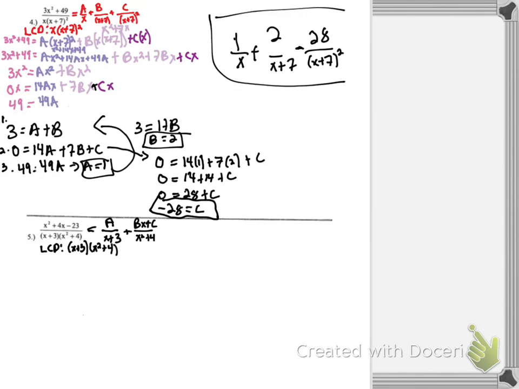We multiply both the left and right-hand sides of the equation by this, and we end up on the left-hand side with x squared plus 4x minus 23 equals, over here, a times x squared plus 4 because the x plus 3 cancels with the LCD, and then our next part is plus bx plus c times, and then x squared plus 4 cancels with the LCD, and what remains is that x plus 3.